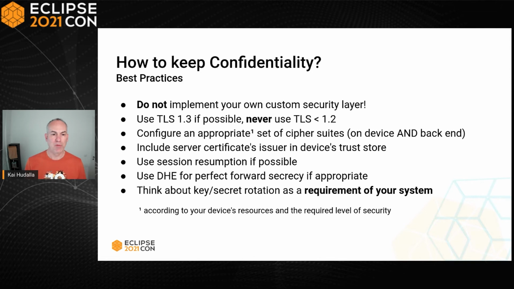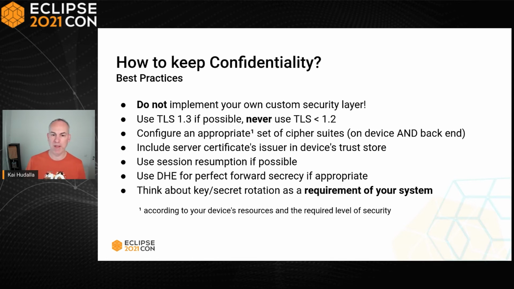So if you use a certificate-based cipher suite, then it usually makes sense to configure your client's trust store with the issuer certificate of your server's end certificate. That is helpful in order to allow the server to only send its end certificate instead of the whole certificate chain, which would be required to validate the server certificate.